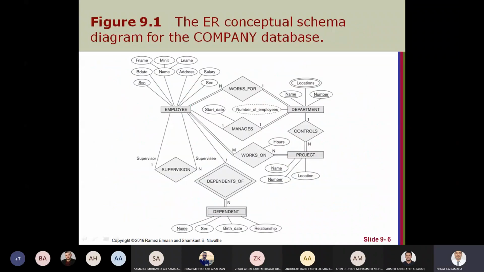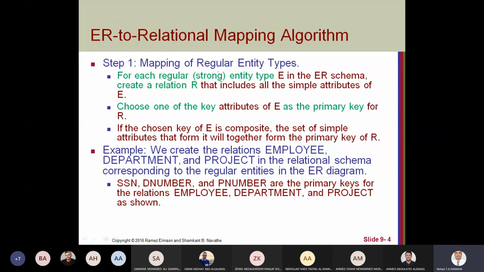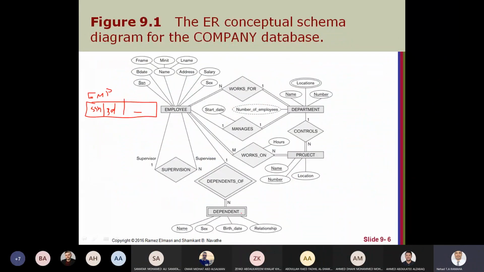Each entity will be converted to a relation with a relation name, for example employee, and attributes of the relation, for example SSN, birth date, and so on. This is the first step, but not all the entities. I am speaking about regular or strong entities. A weak entity has a different procedure in this algorithm.